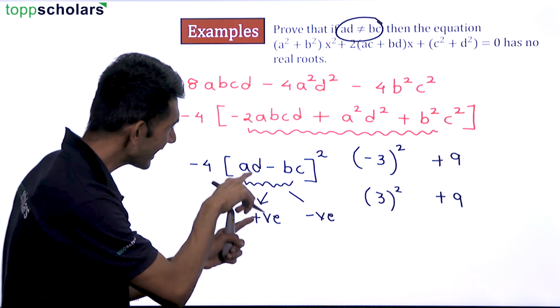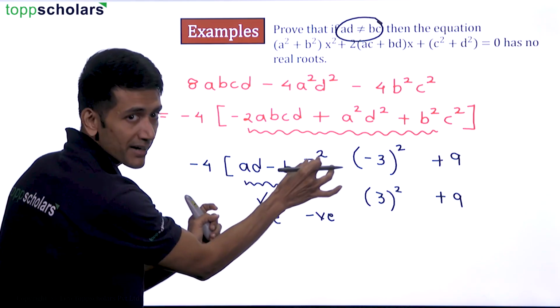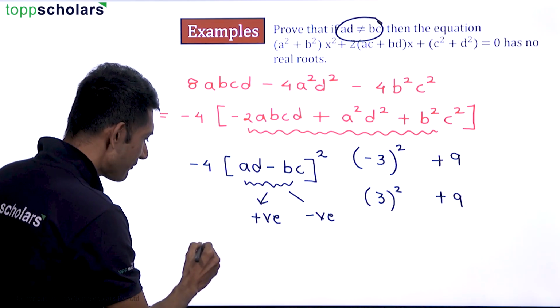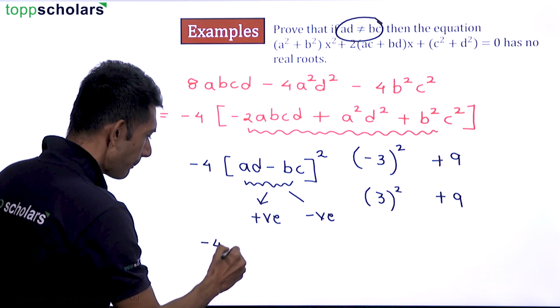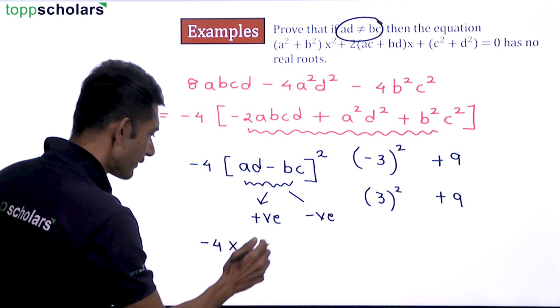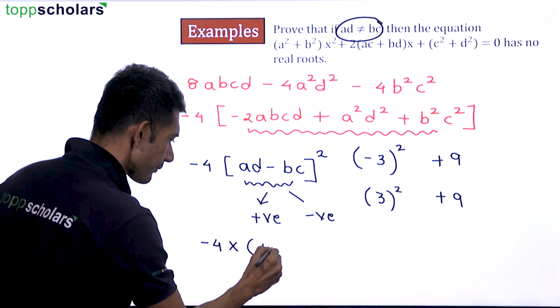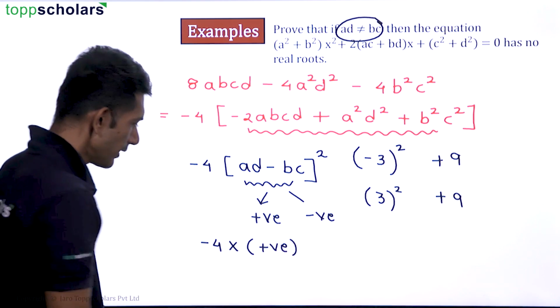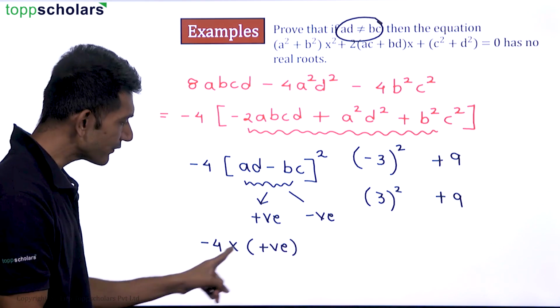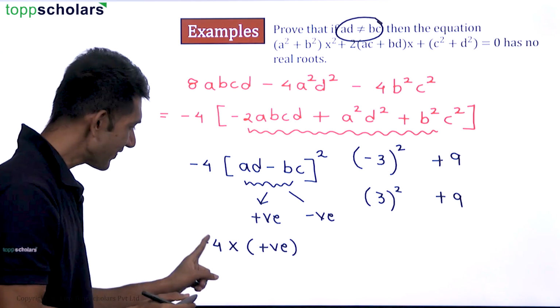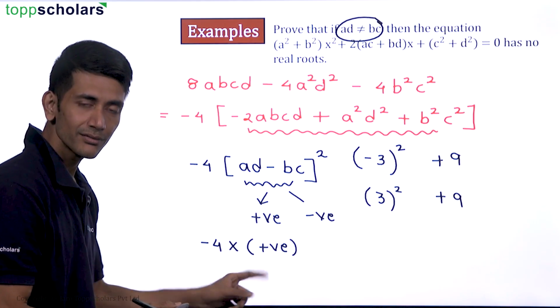So here, can I say the bracket part squared is positive? So I have minus 4 multiplied by some positive number. Now what is the multiplication of a negative number and a positive number? Negative multiplied by positive is negative.